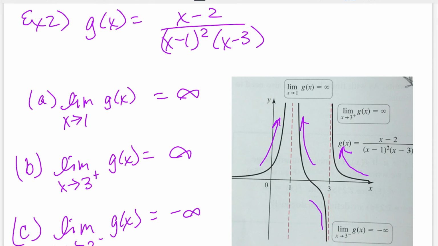If I'm approaching 3 from the left, then I'm going down here to negative infinity. All right, so looking at your graph, you can tell what we already know. We can look at our characteristics, and that also helps us determine asymptotes and limits and what that looks like.